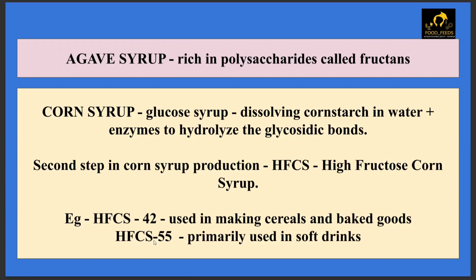So this number is just the percent of how much the glucose has been converted to fructose. This HFCS 42 is used for making cereals and baked goods, whereas 55% of the converted glucose molecules to fructose is used for soft drinks.